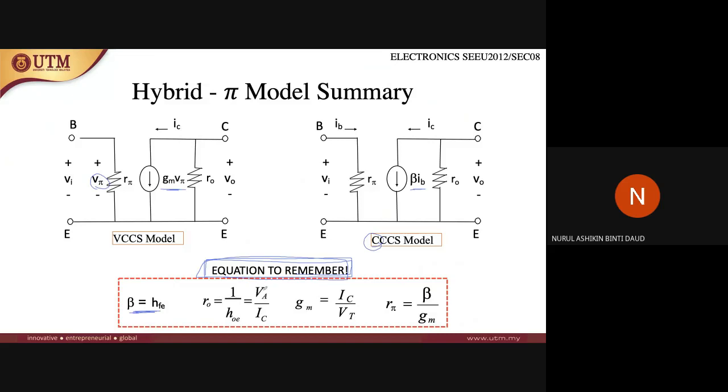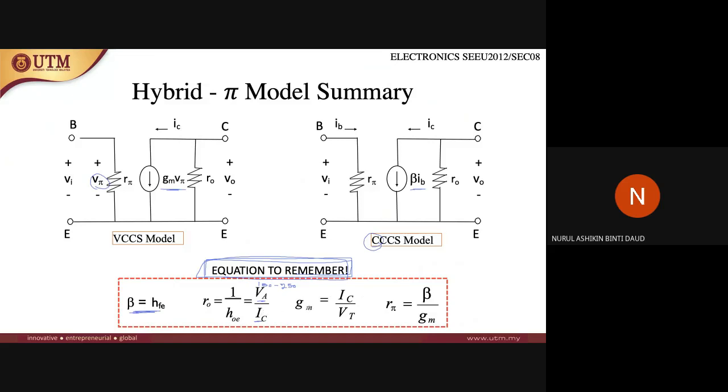For the hybrid pi model, it is VA, the early voltage, usually 150 to 250 volts, divided by the value of IC. IC here is the direct current.